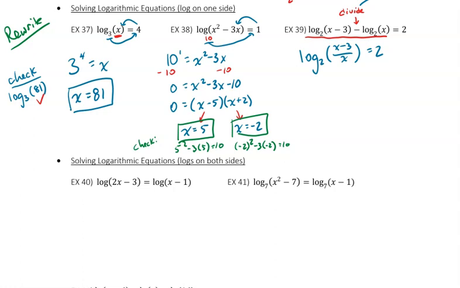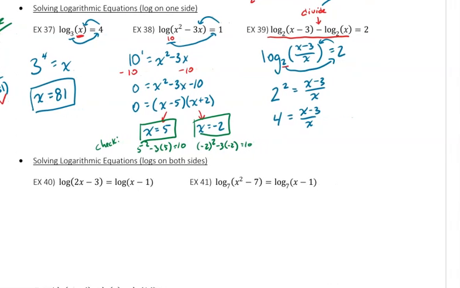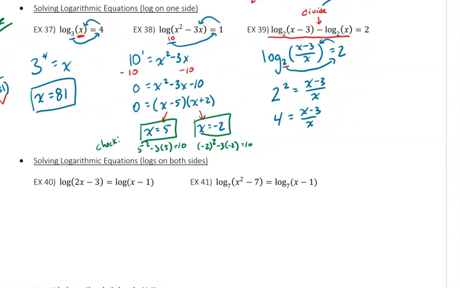All right, next up, we can rewrite it. So start with the base, so base 2 raised to the second power equals x minus 3 over x. Which if we simplify the 2 squared, that's just 4. And then we can actually start to solve this. Since there's an x on bottom, we can multiply both sides by x to get rid of it.